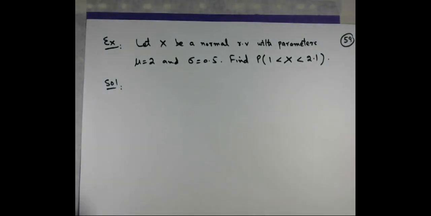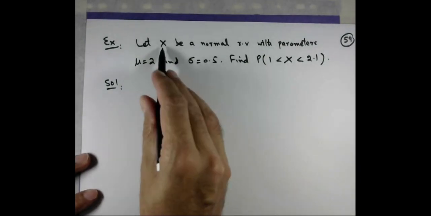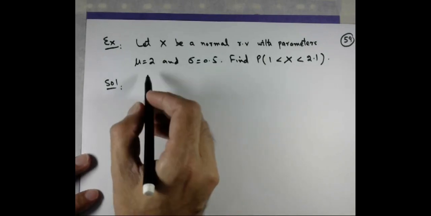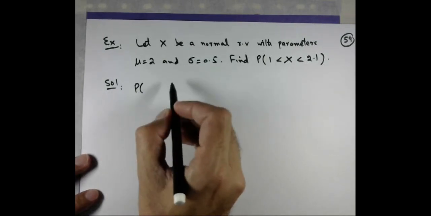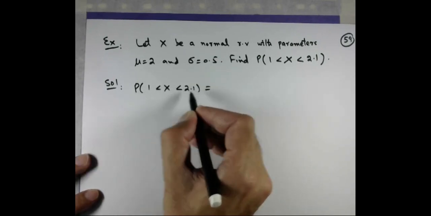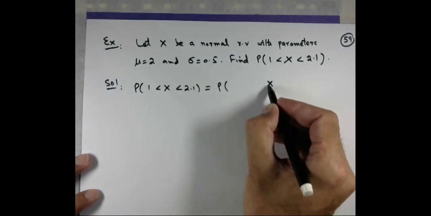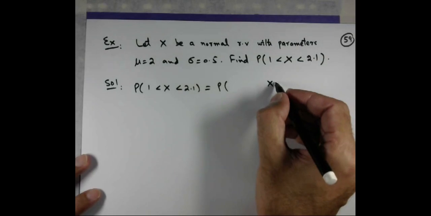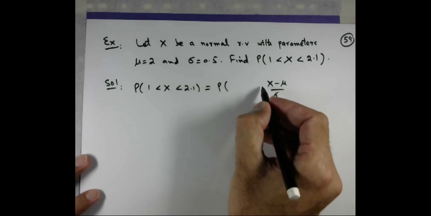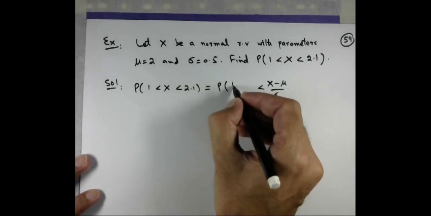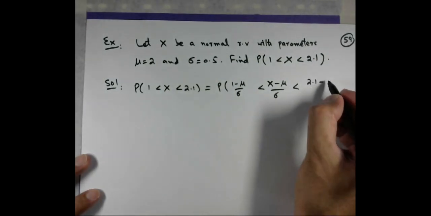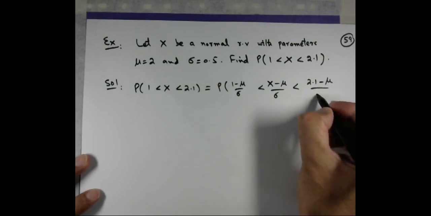So first we need to convert this x into a standard Gaussian random variable, which means you need to find the probability that x is greater than 1 and less than 2.1 by transforming x to a standardized form, which means x minus mu over sigma, and the endpoints also need to be transformed: 1 minus mu over sigma, and less than 2.1 minus mu over sigma.